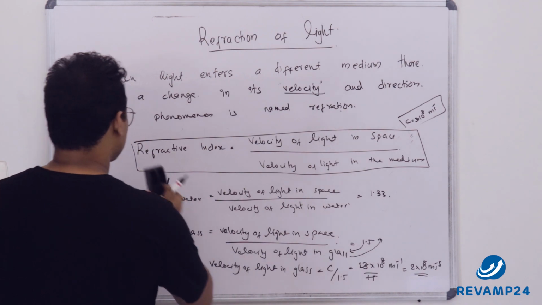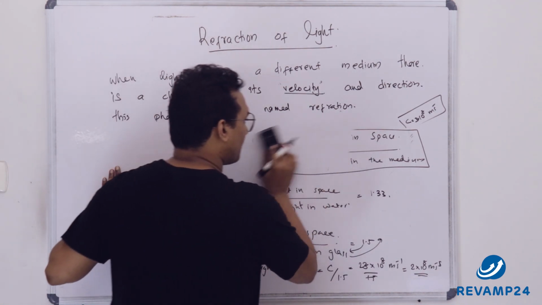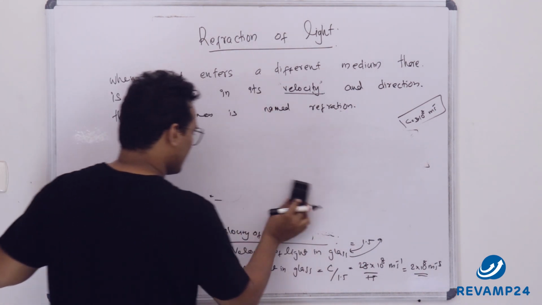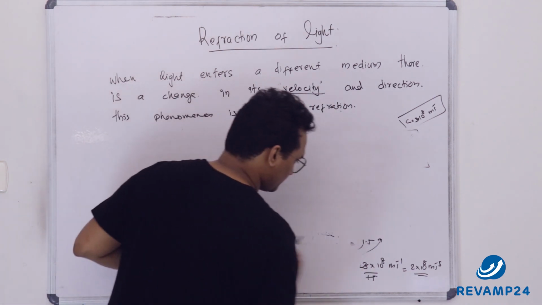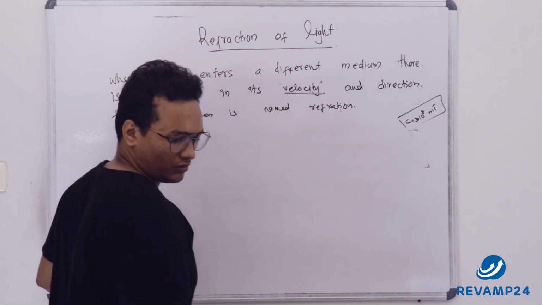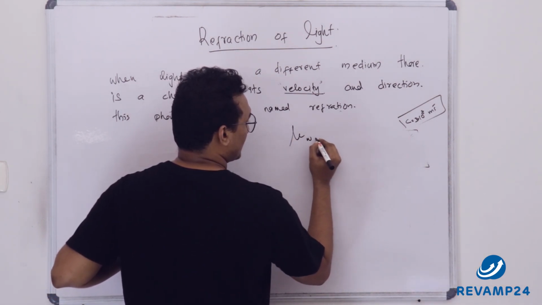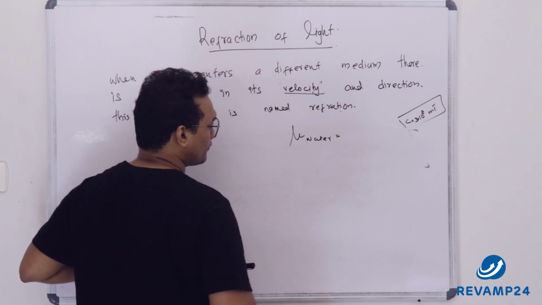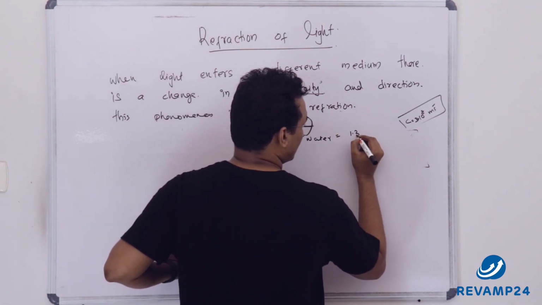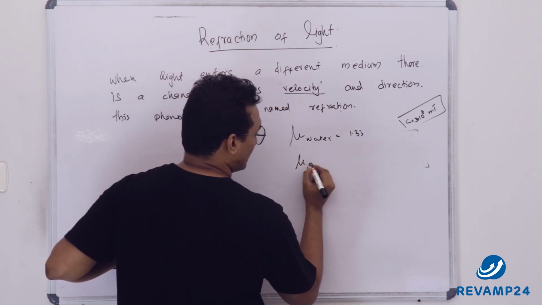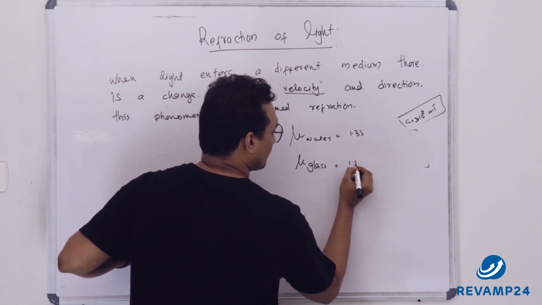Now I will explain what will happen when a light ray travels from one medium to another medium. So we have seen that the refractive index of water is equal to 1.33 and the refractive index of glass is equal to 1.5.